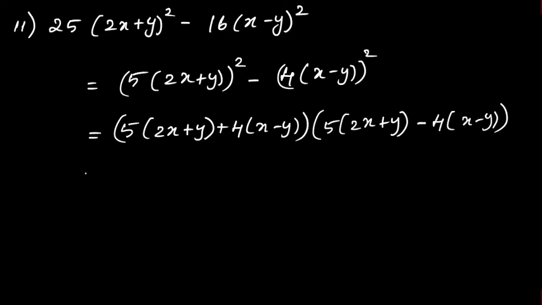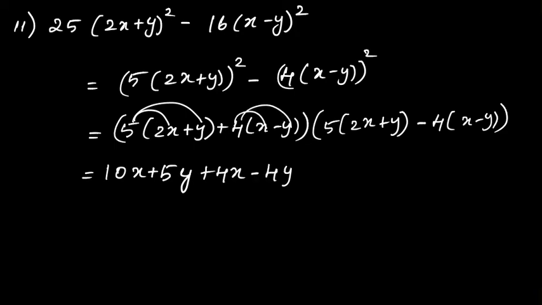In the next step, multiply 5 into 2x and 5 into y, we'll get 10x plus 5y. Similarly multiply 4 inside, we get plus 4x minus 4y. So similarly here also we'll multiply the terms. So we get 10x plus 5y minus 4x, so minus 4 into minus y will get plus 4y.